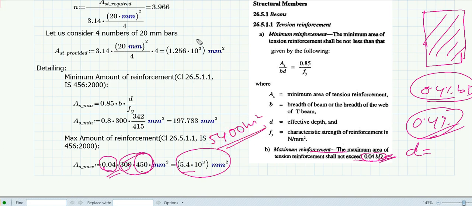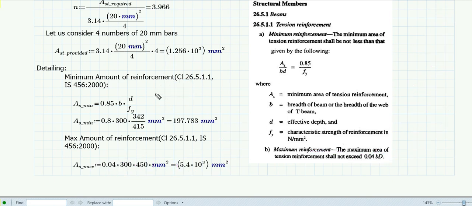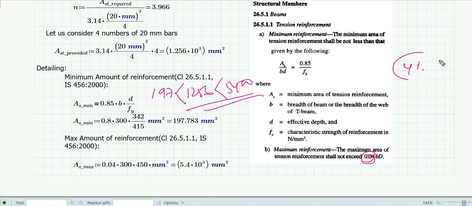We are providing 1256, so obviously it is more than 197 and less than 5400. Sorry, I mentioned it as 0.4%; it should be 4% of the gross cross-section area.